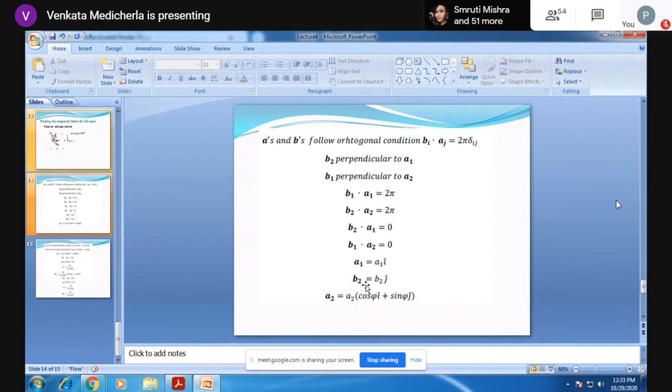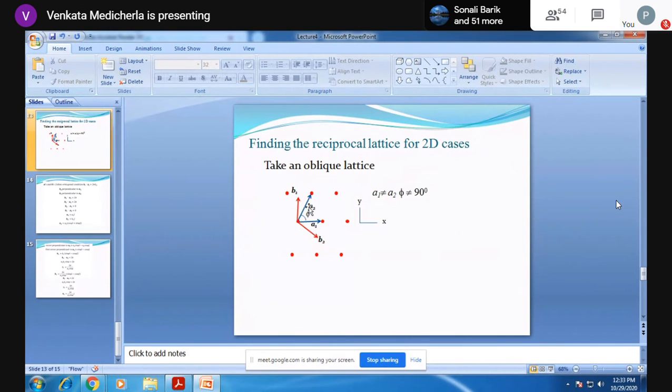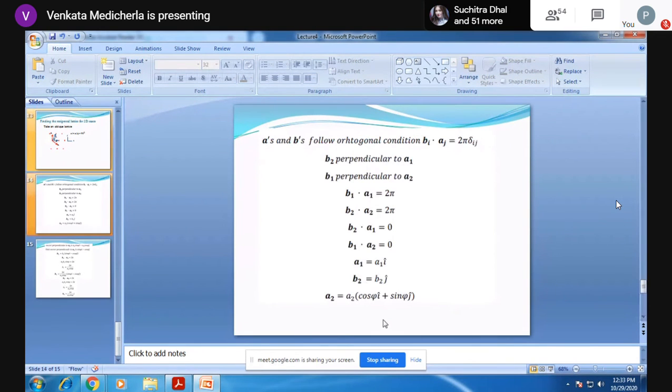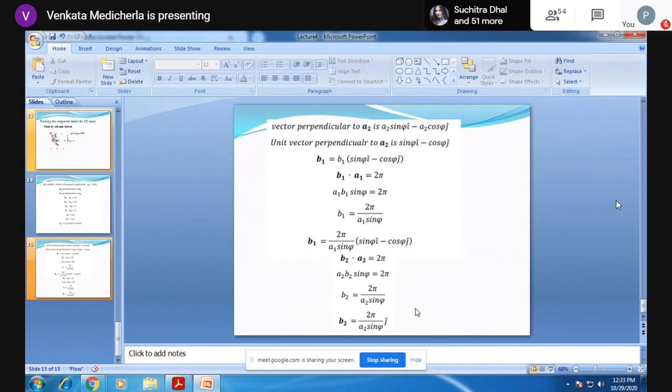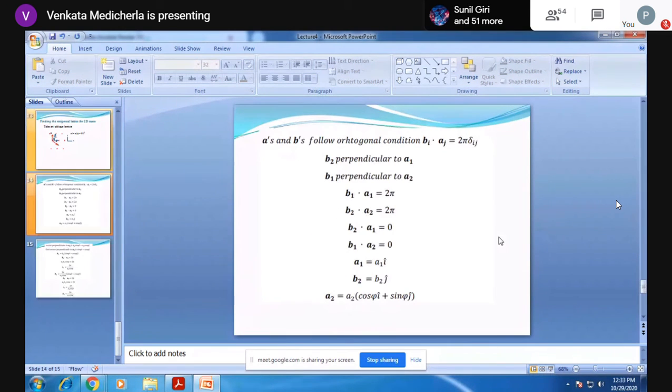If you write B2 as B2 into j cap, what is A2? Just look at A2 here. A2 is making angle phi with the x-axis. That vector can be written as A2 into cos phi i cap plus sin phi j cap. Then the vector perpendicular to A2: if you want to write a vector perpendicular to something, suppose I have the vector x i cap plus y j cap, what is the perpendicular vector? Just change the sign of one of them.